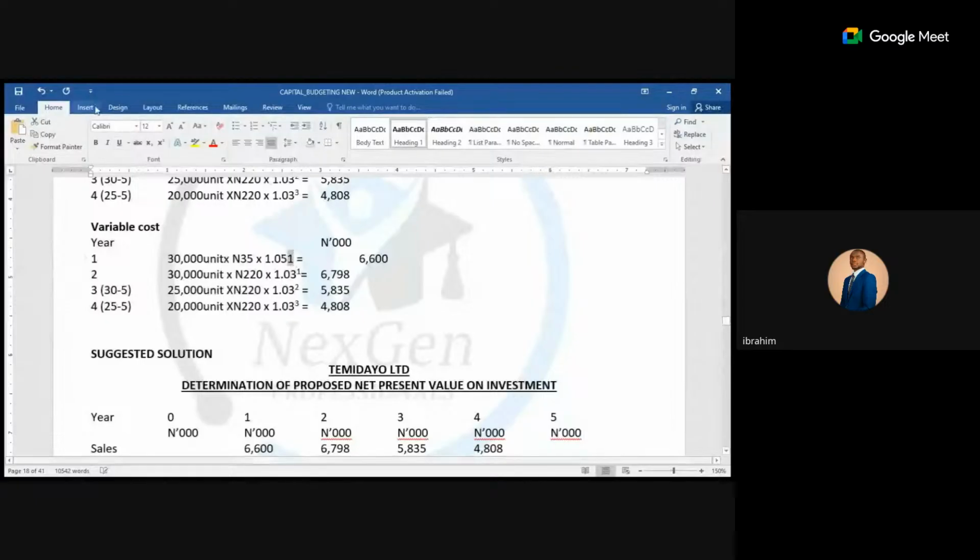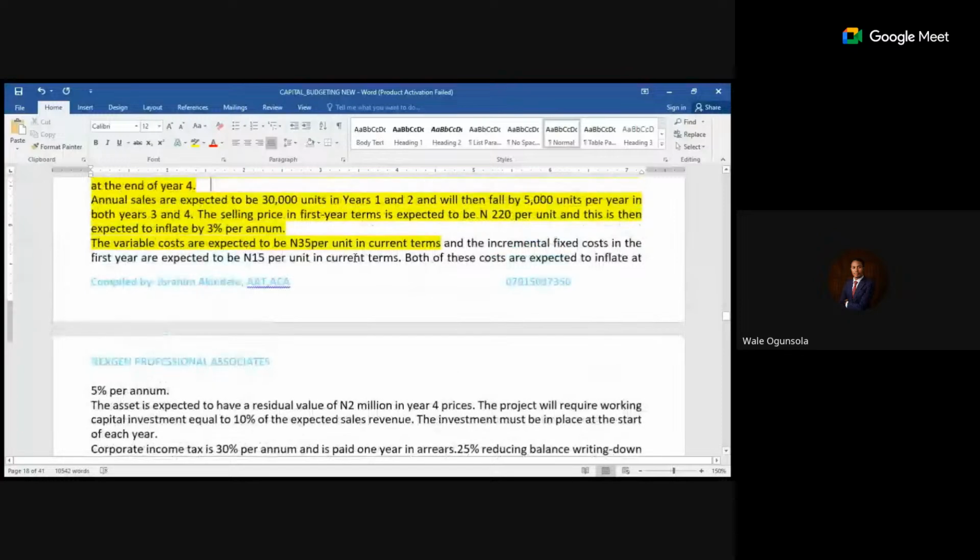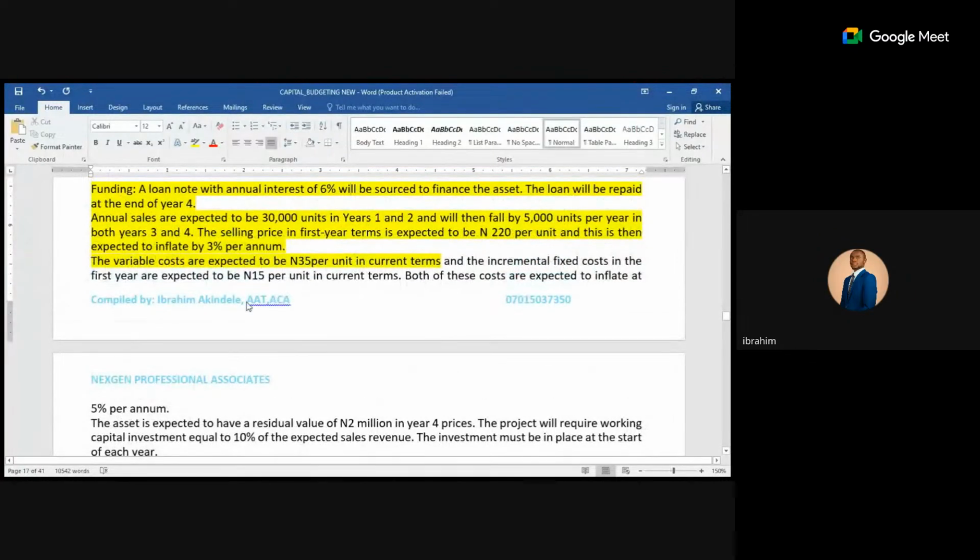Raised to power 1. Are you still with us? Yes, I'm here. Do you understand it? So this one now, they said in current terms. Is the inflation starting in that first year?